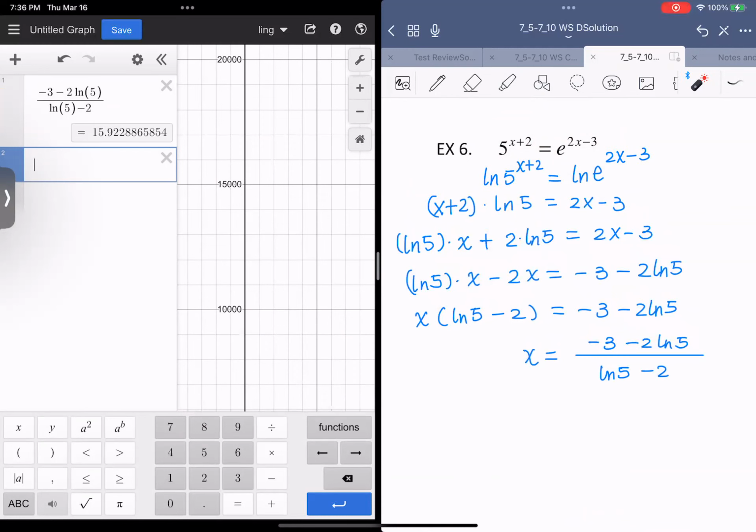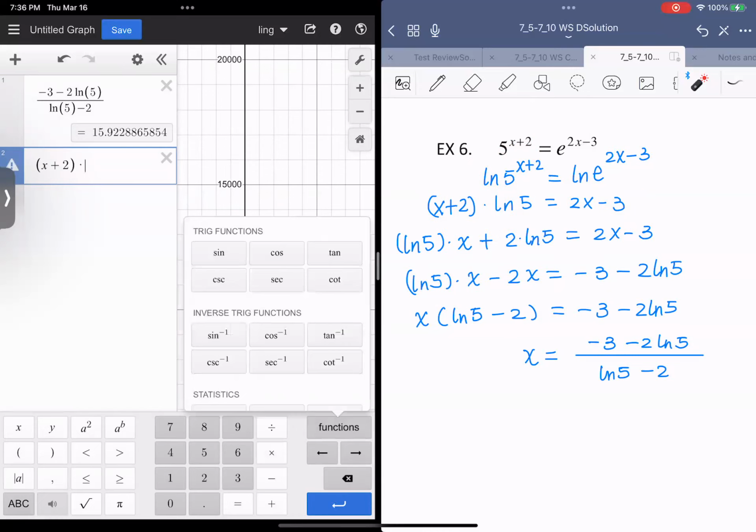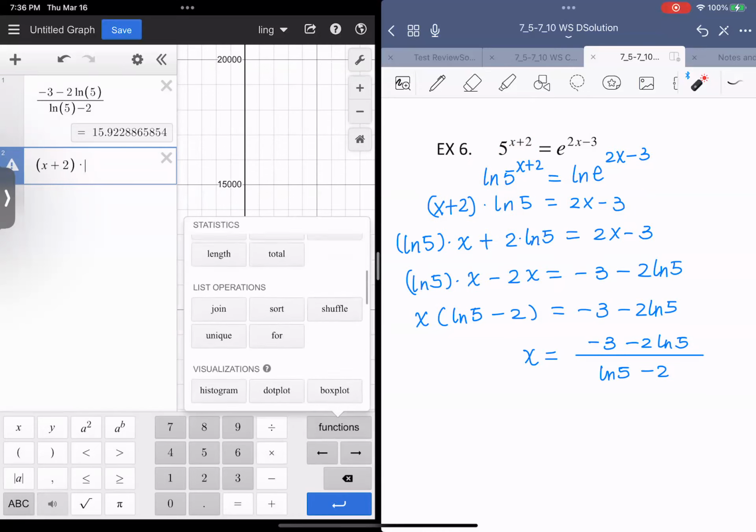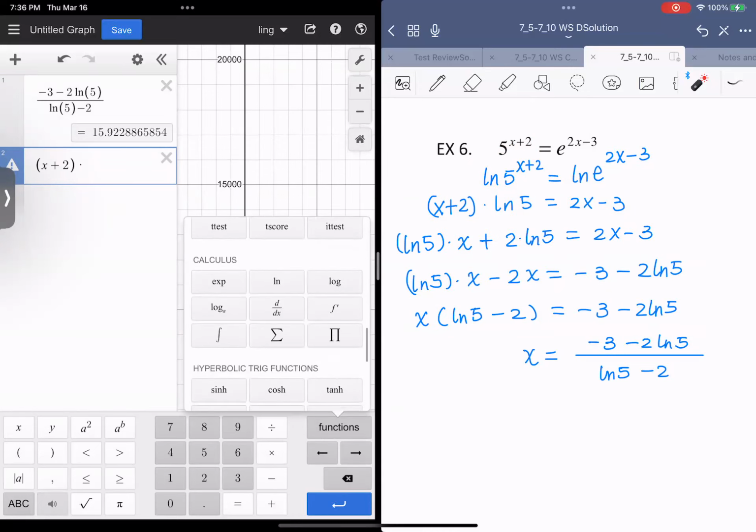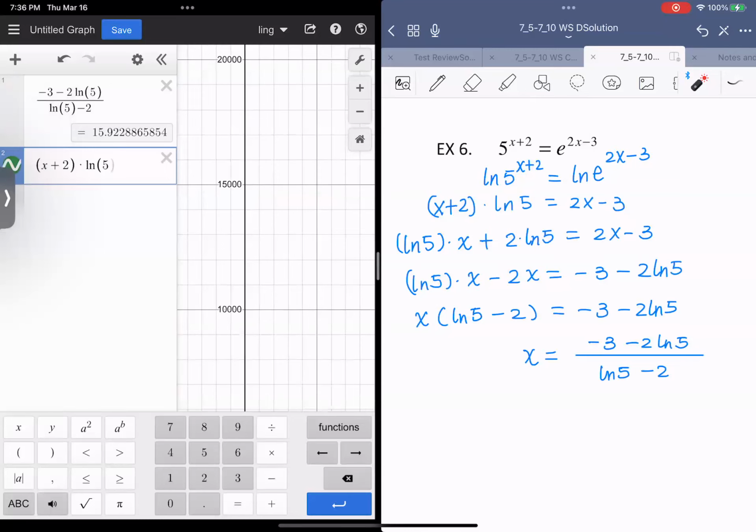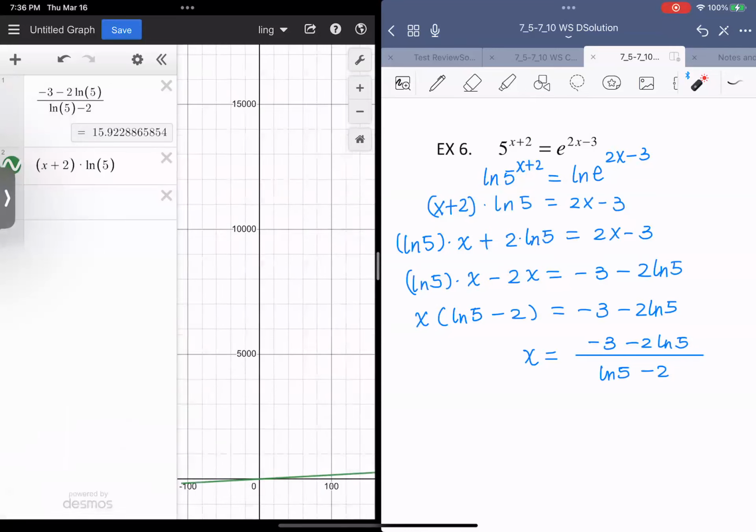But if you take the natural log, you draw this and you draw this, it's easy for you. So what you do? You will do x plus 2 times ln of 5. Right here. So this is the left equation.